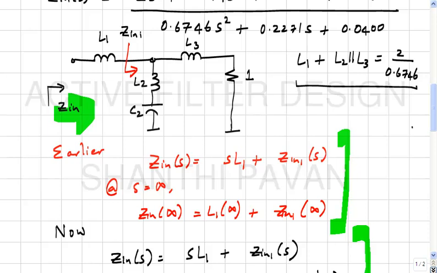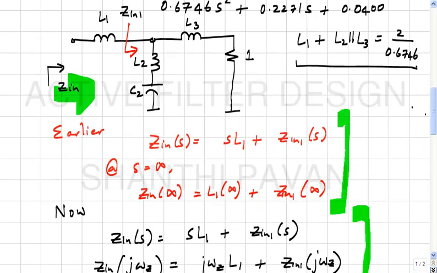Everybody agrees? Okay. Now we know that Zn1 is a series LC branch. This must become a short circuit at what frequency? We are interested in making this a short circuit at the zero of transmission, namely omega Z1.